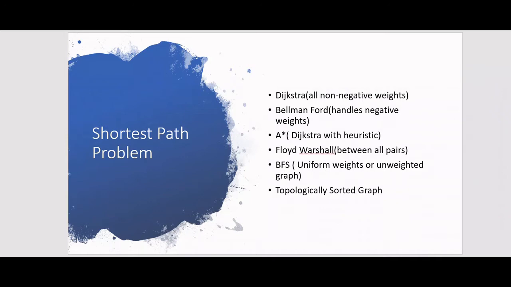If there are negative weights, you have other alternatives, and that is Bellman-Ford. Bellman-Ford can work with the negative edge weight but will not be able to find shortest distance when there are negative edge weight cycle.